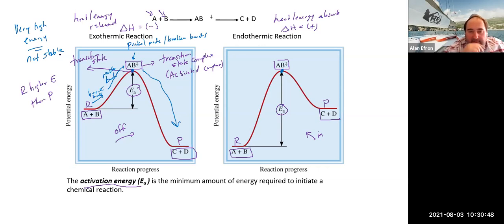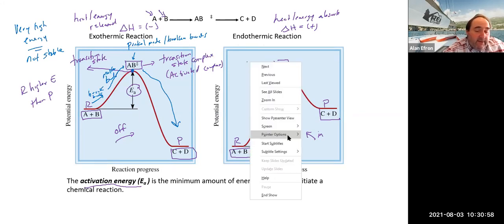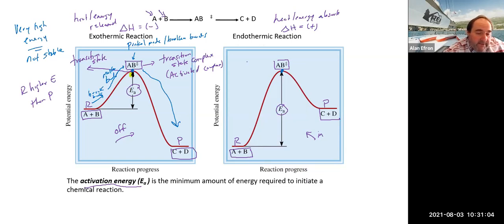How does the activation energy play an effect on the rate of a particular reaction? Well, if we think about the activation energy as the hill that the reactants have to climb, and we think about hills that we climb in real life, if I'm climbing this hill here versus the activation energy over here, which is this big hill, the lower the activation energy, the smaller the hill, the faster the reactants can get to the other side.